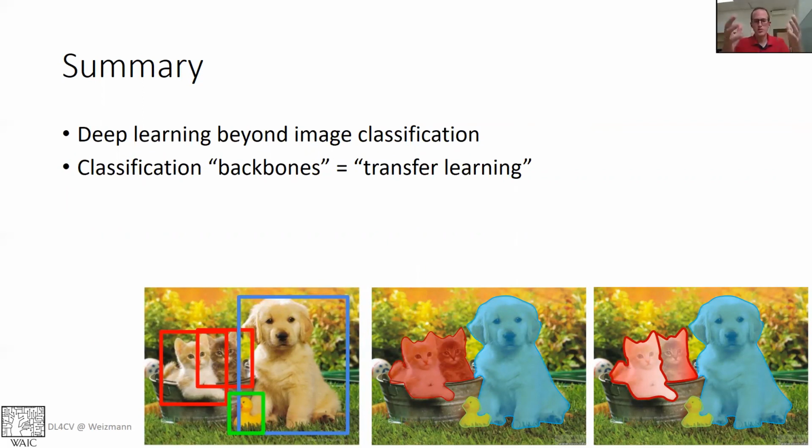The basic feature extraction part of the network was usually a classification network, pre-trained on ImageNet for image classification. It learned meaningful features, and we did transfer learning by taking these learned features and retraining them to solve more complicated tasks.